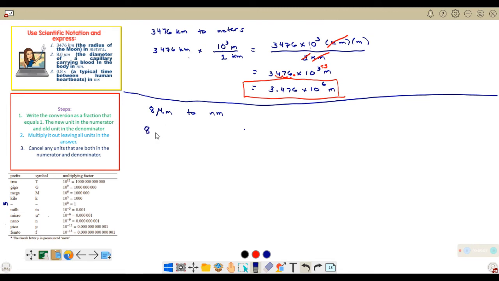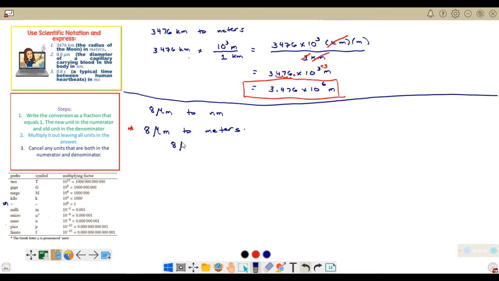So, first, let's have nm. May 0 pa pala siya dito, hindi ko na sinulat. Since 0 lang naman siya, hindi ko na isusulat ha. 2 meters muna. So, lagay ko dito yung asterisk. Ito muna yung unang step natin. Convert muna natin siya to meters.